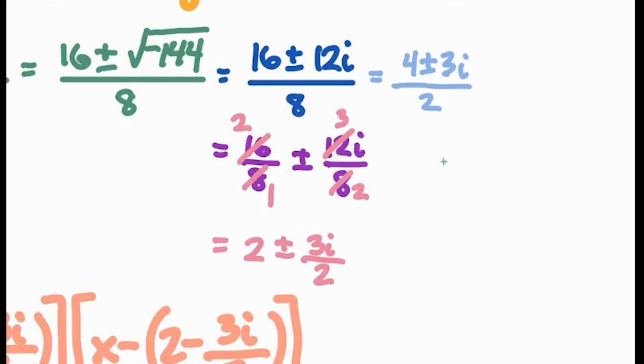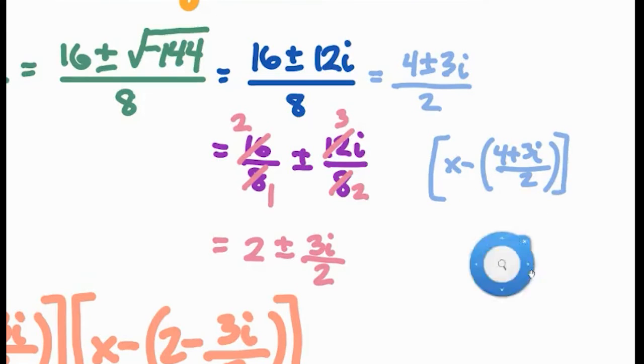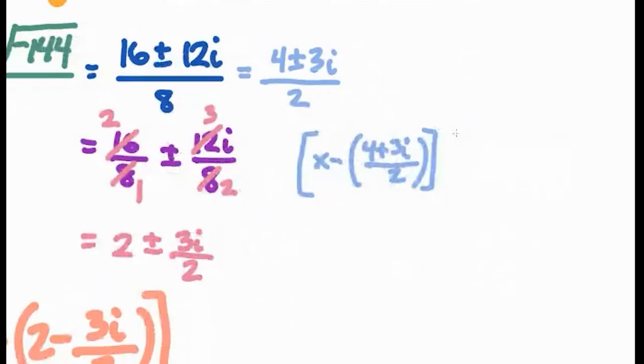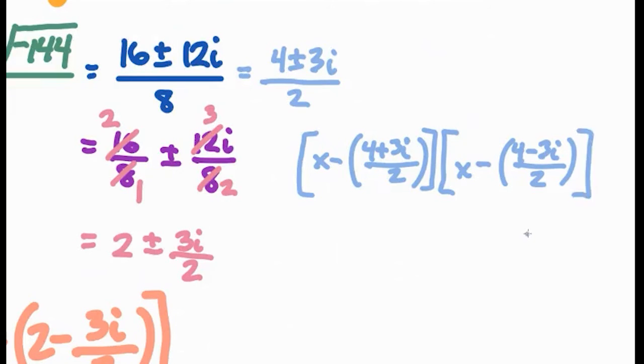And you could do, as your answer, x minus (4 plus 3i) over 2. And then the same thing again, only the minus version of it, the minus flavor. You don't really need parentheses there. I don't know why I did that. But anyway, that's the same answer. You'd still get full credit.